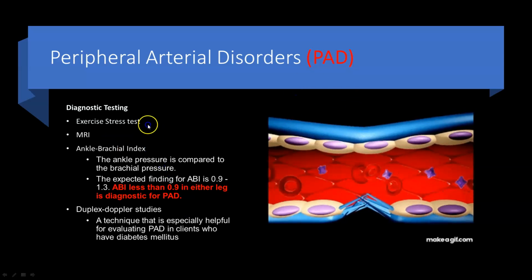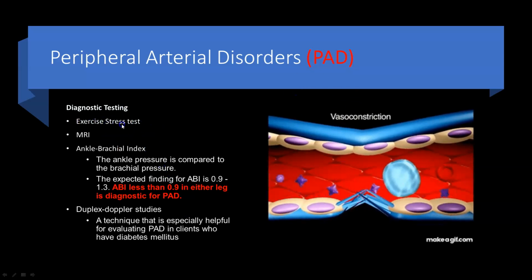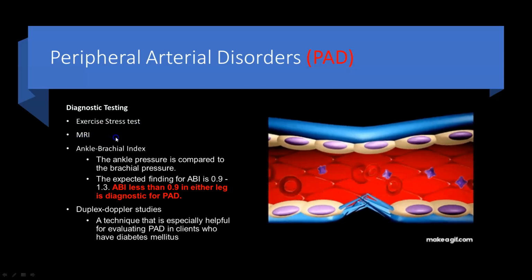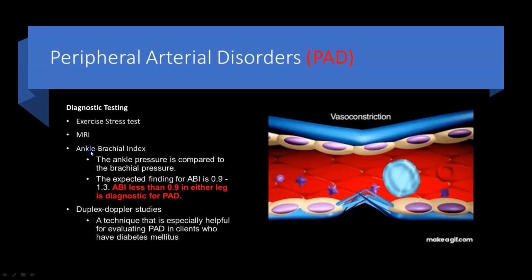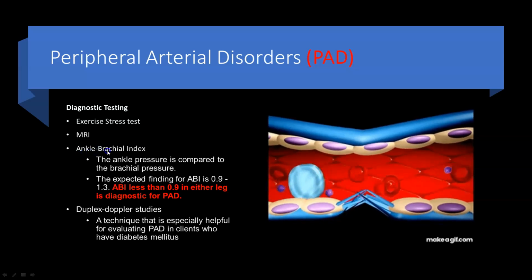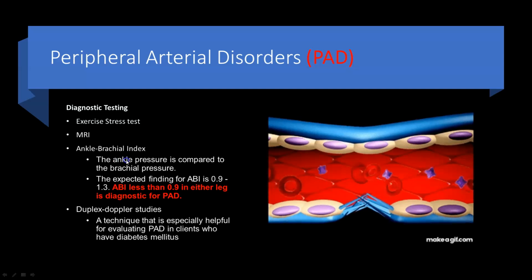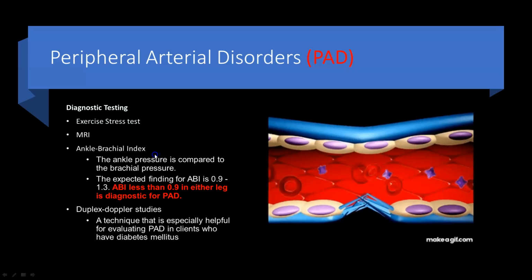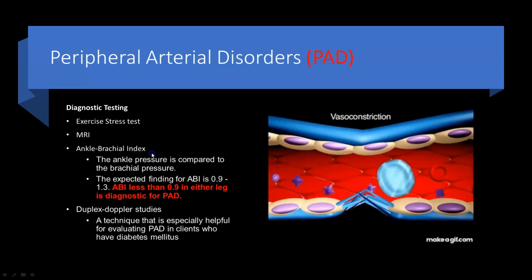So things that we could kind of expect, we talked about an exercise stress test. An MRI is kind of, but I don't expect a basic nurse to do an ABI, an ankle brachial index, but I would expect that that is something that an NP or a PA or a doctor could want done.